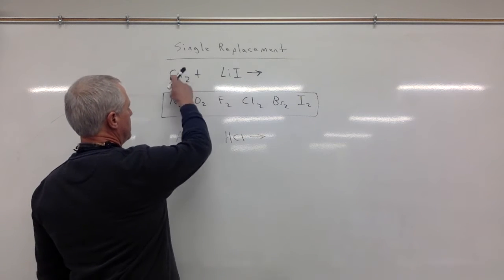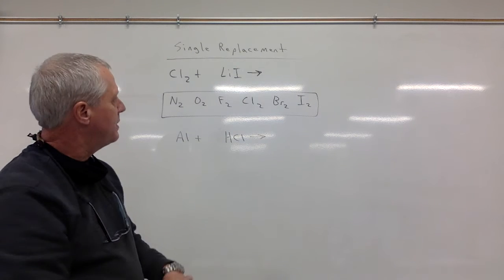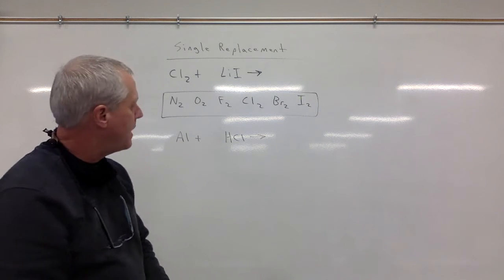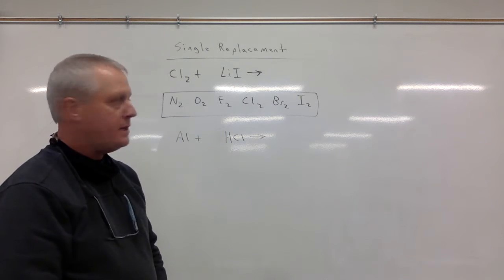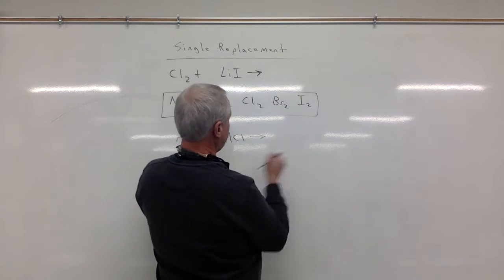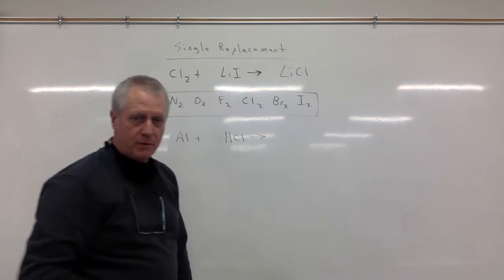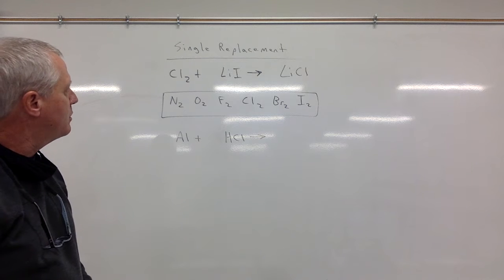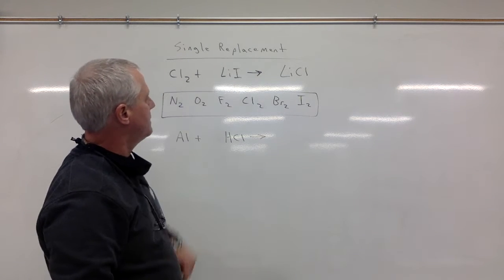So lithium will go directly with chlorine. Lithium is an alkali metal with a plus one, so it wants to form a plus one ion, a cation. And chlorine is a halogen, so it wants to be a minus one. So we can go directly together, and that would be our formula for lithium chloride. This is where chlorine is going to be replacing iodine.